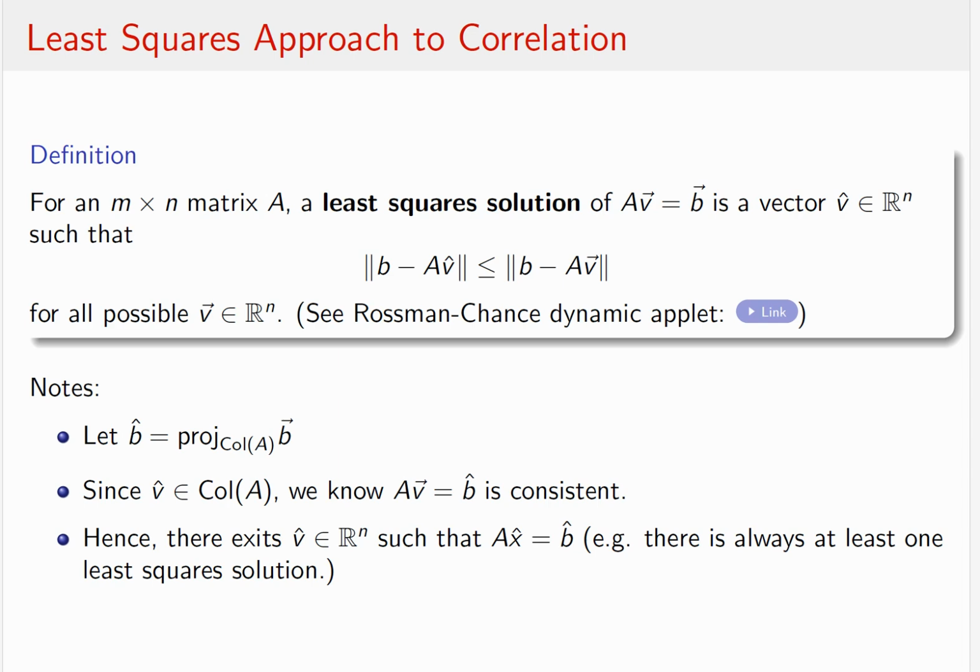And so you have to know what the least squares solution is in linear algebra, and it comes down to the fact that it's a projection. We project, and we know this is consistent. This system of equations is consistent. Therefore, there exists a projection, i.e. a least squares solution, which is what?